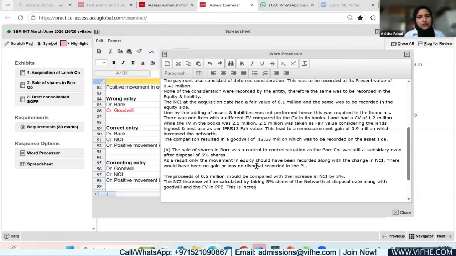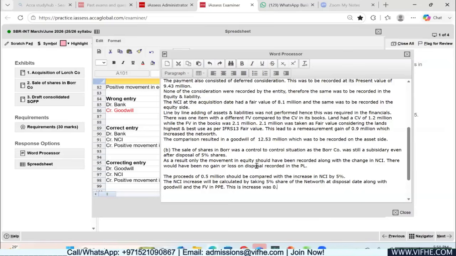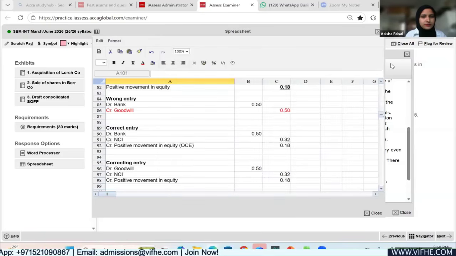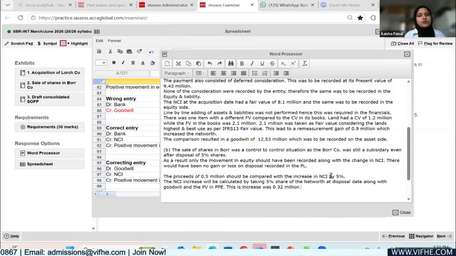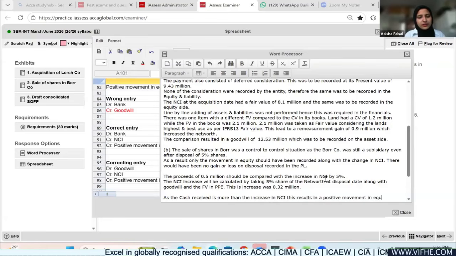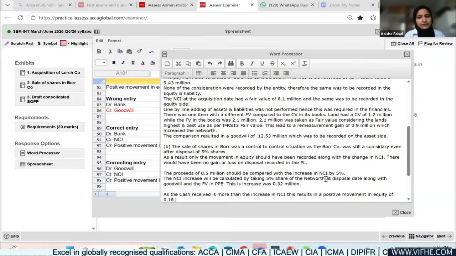This increase was, guys, mute your mics, please. 0.32 million, if I am not wrong. Yeah, this increase was 0.32 million. As the cash received is more than the increase in NCI, this results in a positive movement in equity of 0.18 million.